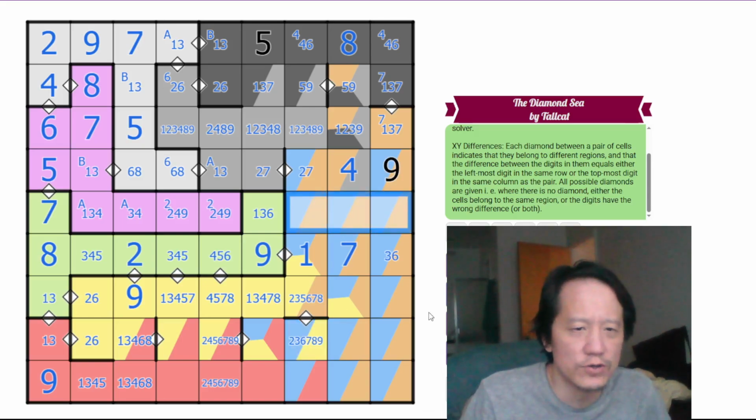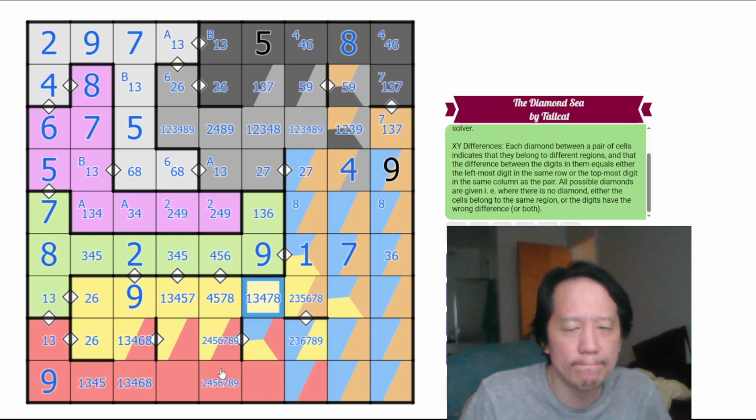Rest of row. Okay, rest of row 5. One of these has to be an 8. We also need a 5 here somewhere, but we don't know which one's which. And then the last one, so 9 has to be one of these.